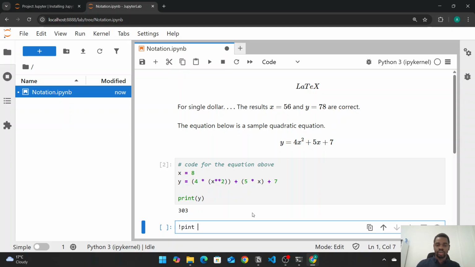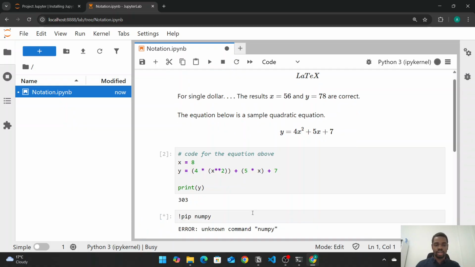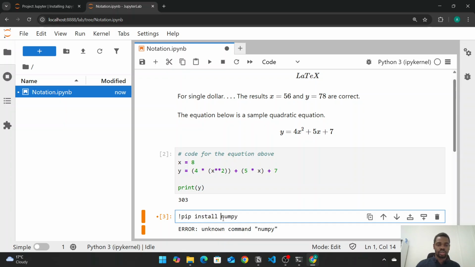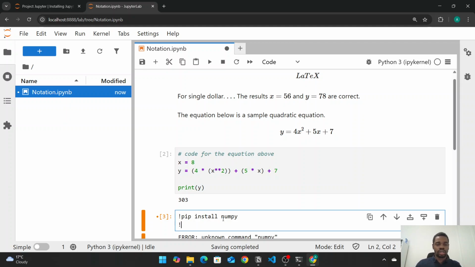First, we import two libraries. That's NumPy, which you install with pip install numpy, and the other one is Matplotlib for plotting your graphs.